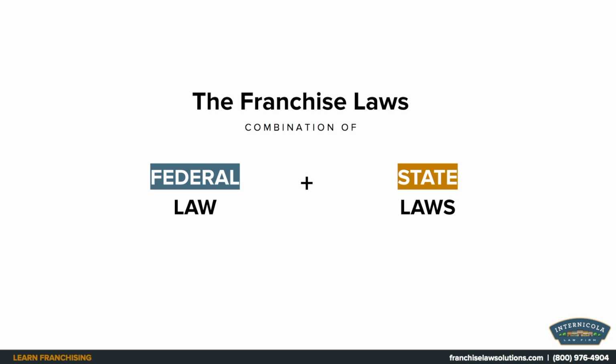From a franchisor's perspective, when you look at the FDD, there's a number of things that should be going on or are going on. Within the FDD itself, you're complying with federal law, right? So you're complying with all the disclosure items that we'll talk about, and you're giving information that's required under the federal franchise rule.